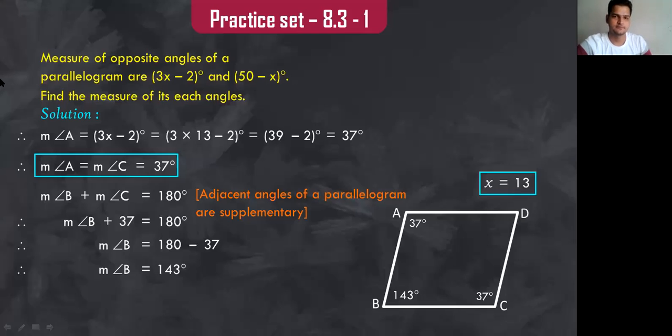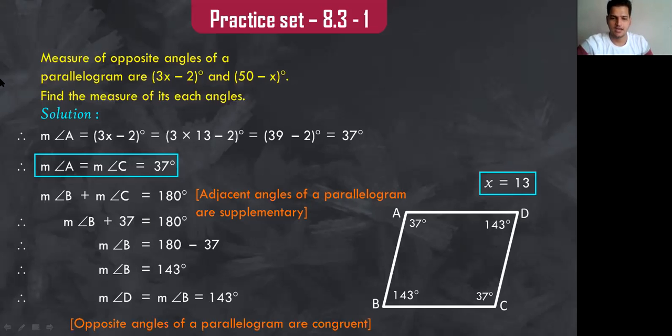Angle D. Is it opposite to angle B? Yes, which has the measure of 143. So angle D will also have the measure of 143 degrees. Reason: opposite angles of a parallelogram are congruent to each other. Alright students, so you can start writing now and we'll continue.